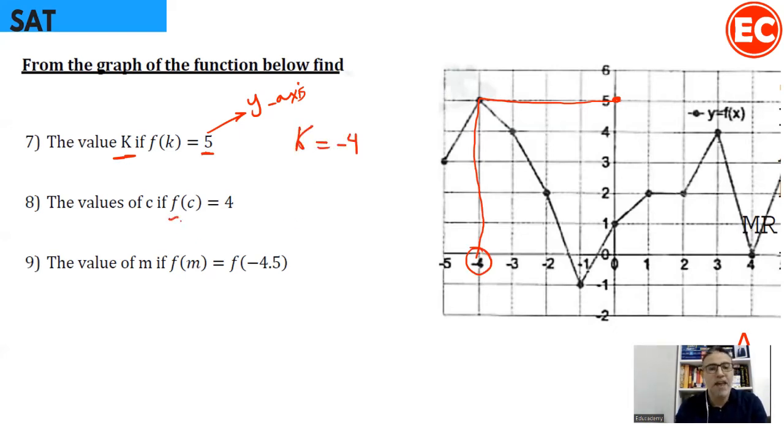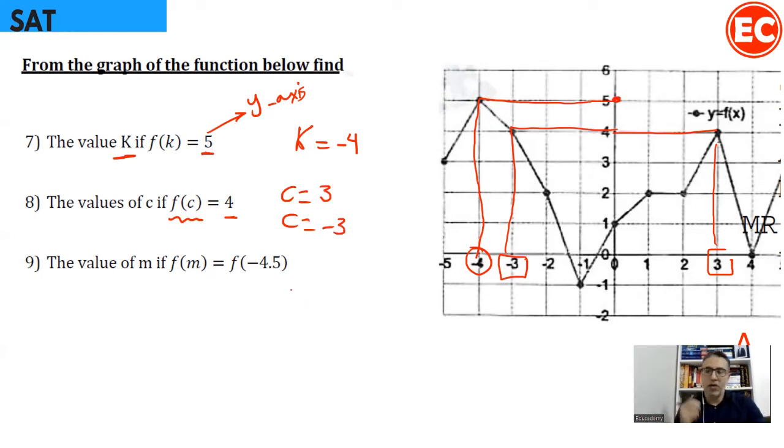Again, f of c is equal to 4. So I go to 4. The graph intersects at 3, and the graph intersects at negative 3. So I have two values for c. C could be 3 or negative 3.